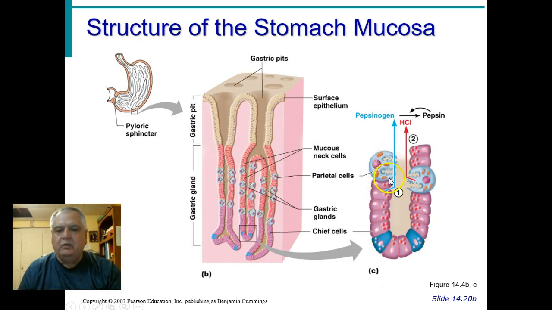So once the pepsinogen moves into the lumen, notice the hydrochloric acid was produced by the parietal cells above. Now the pepsinogen, the inactive protein digesting enzyme, is going to interact with hydrochloric acid, and the hydrochloric acid is going to convert the pepsinogen into pepsin. Once formed, pepsin will also be involved in conversion of more pepsinogen into even more pepsin.